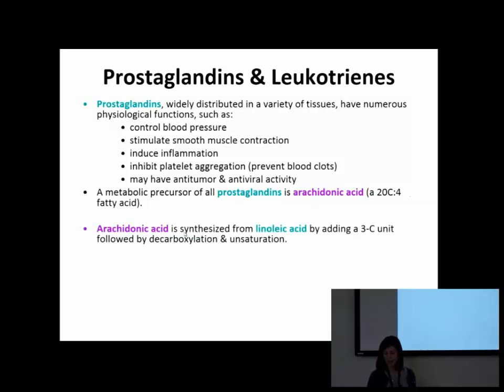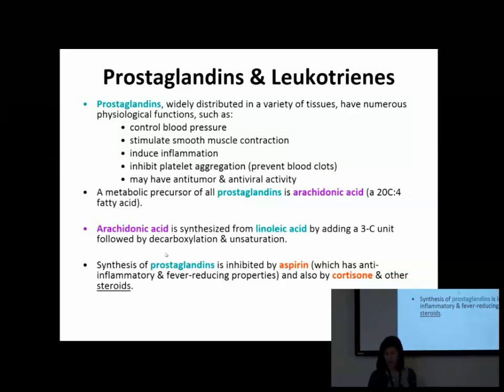Now, coming from arachidonic acid to make these prostaglandins that have a function in all these things can be inhibited by aspirin and also by cortisone. So if you have inflammation and you take cortisone, the way it works is by inhibiting the synthesis of prostaglandins.